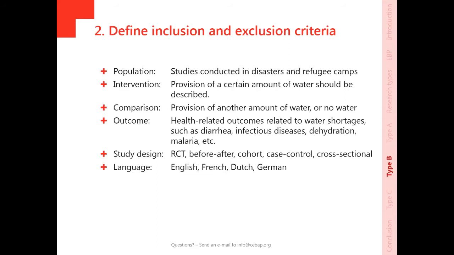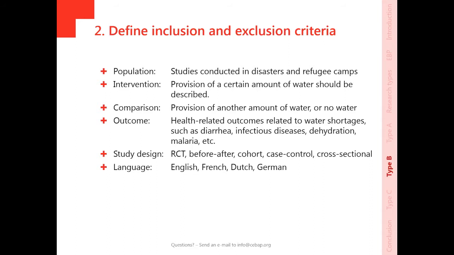And the outcomes involve health-related outcomes such as diarrhea, infectious disease, dehydration, malaria, and so on. As a study design, we chose to include RCTs, before-after studies, cohort studies, and even case control or cross-sectional research. And from a practical point of view, we only want to include English, French, Dutch, and German articles.